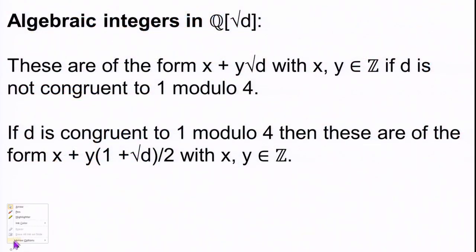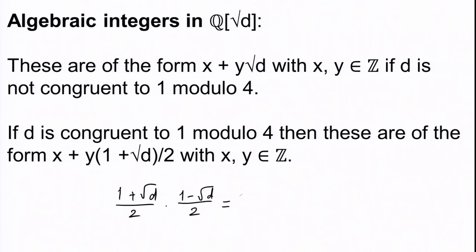If you happen to have D congruent to 1 modulo 4, then this extra element, 1 plus root D by 2, is also an algebraic integer, because 1 plus root D by 2 into 1 minus root D by 2 happens to be 1 minus D by 4, which is an integer.